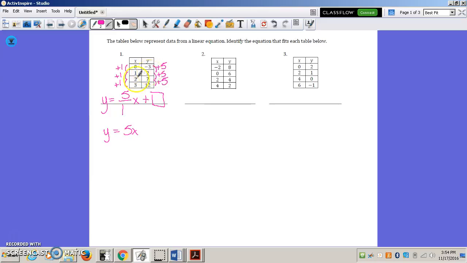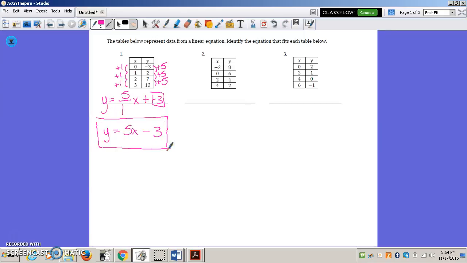Let's see if that works. 5 times 2 is 10. 10 minus 3 is 7, all right? 5 times 3 is 15. 15 minus 3 is 12. So it looks like we found our next number, and that's a -3. Now, we don't see it written as 5x plus -3. We actually see it written as 5x minus 3. So that's our equation for our first table.